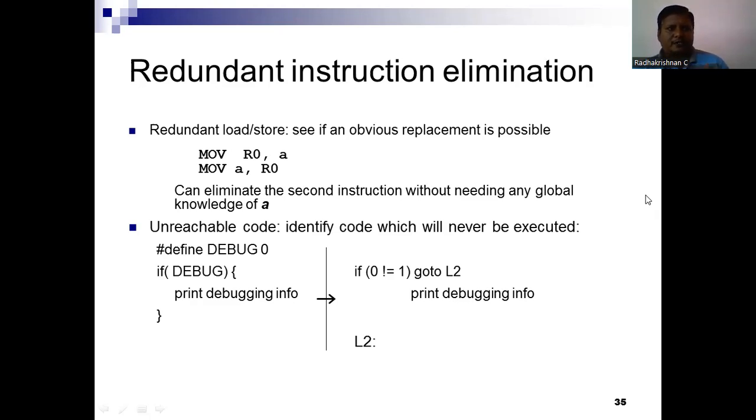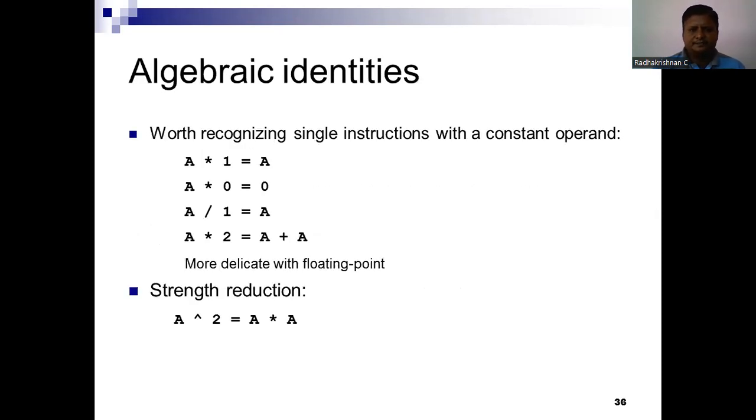The move R0, A line and the following move A, R0 line are the same, so we have to remove the code. Redundant load and store operations need to be eliminated.